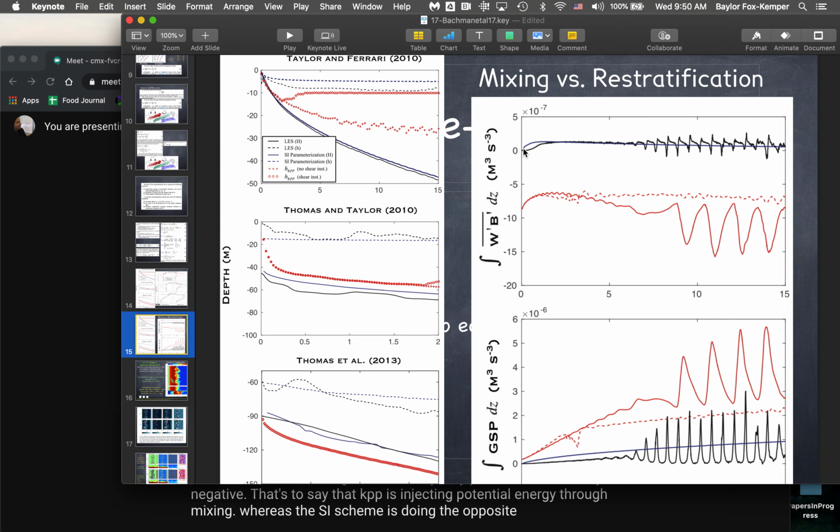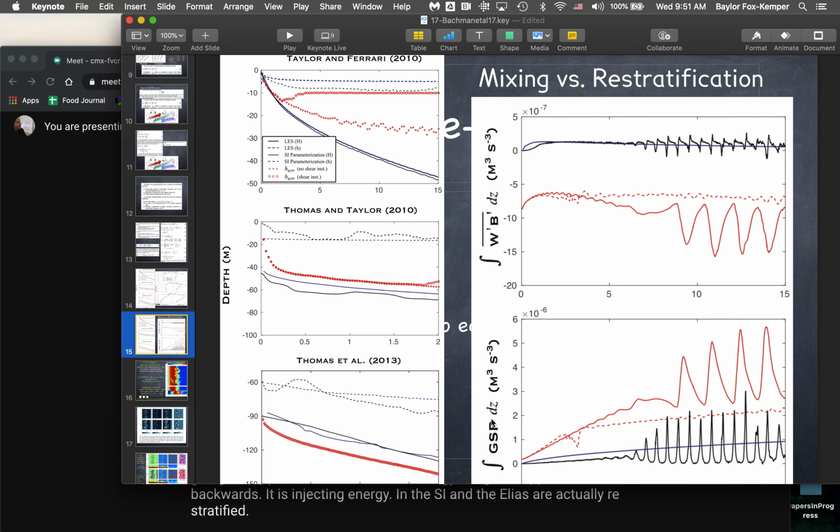It is actually on net, between the surface and this big H, extracting potential energy. It is restratifying the layer. So W prime B prime from top to bottom is actually going the opposite direction. So the energy budget of KPP is backwards. It is injecting energy when the SI and the LES are actually restratifying.